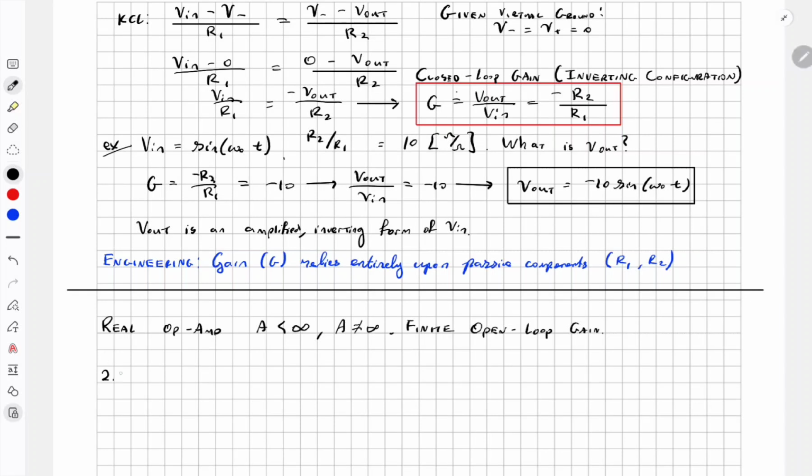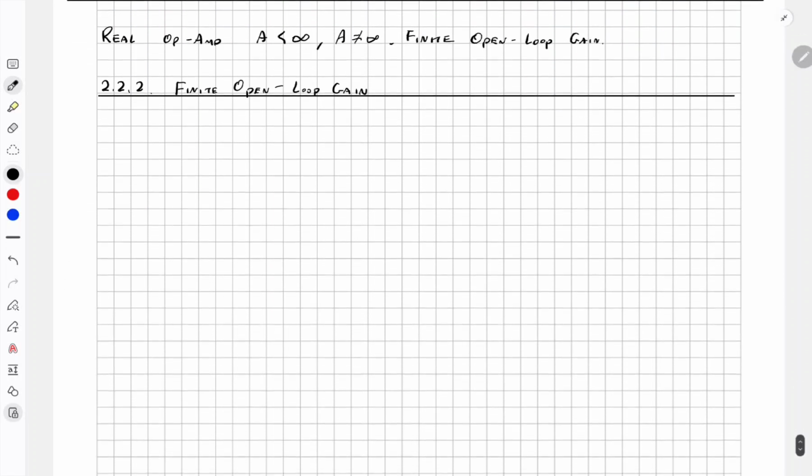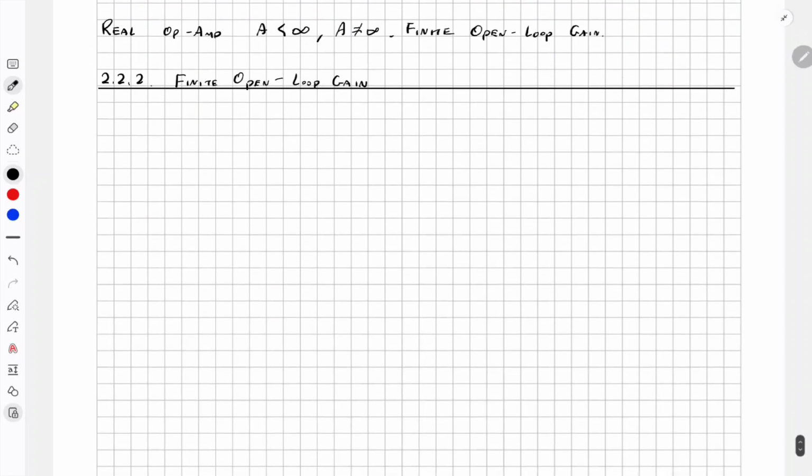This is section 2.2.2, called finite open loop gain. So let's talk about this. We're going to provide the inverting configuration circuit. It looks something like this.